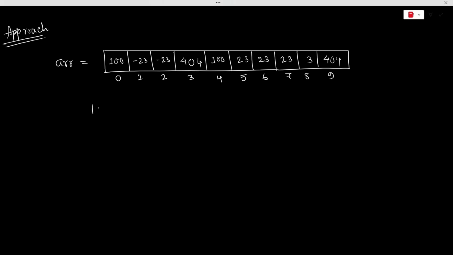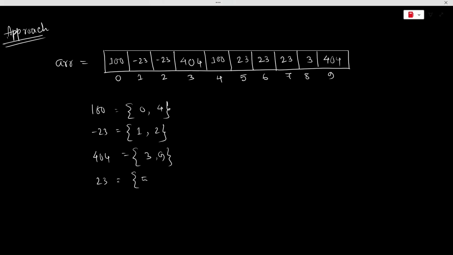So for 100 value, we have two indexes 0 and 4. For minus 23 value, we have two indexes 1 and 2. For 404, we have two indexes 3 and 9, and for 23, we have three indexes 5, 6, and 7, and for 3, we have only one index, index 8.